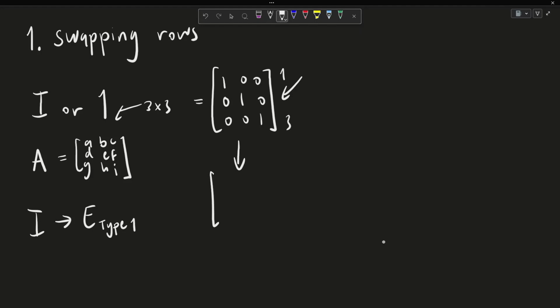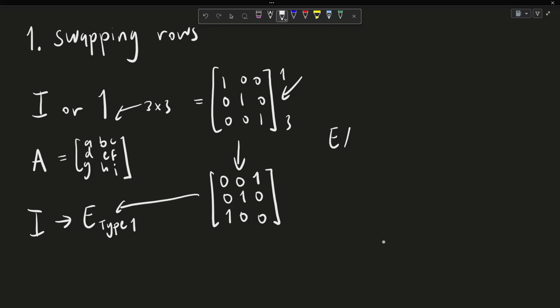We would have row 3 as the first one, so 0, 0, 1. Row 2 would remain unchanged, so 0, 1, 0. And row 1 would now be where row 3 originally was, so 1, 0, 0. Then, multiplying that new value for E by A would swap the first and third rows in A. So let's demonstrate this.